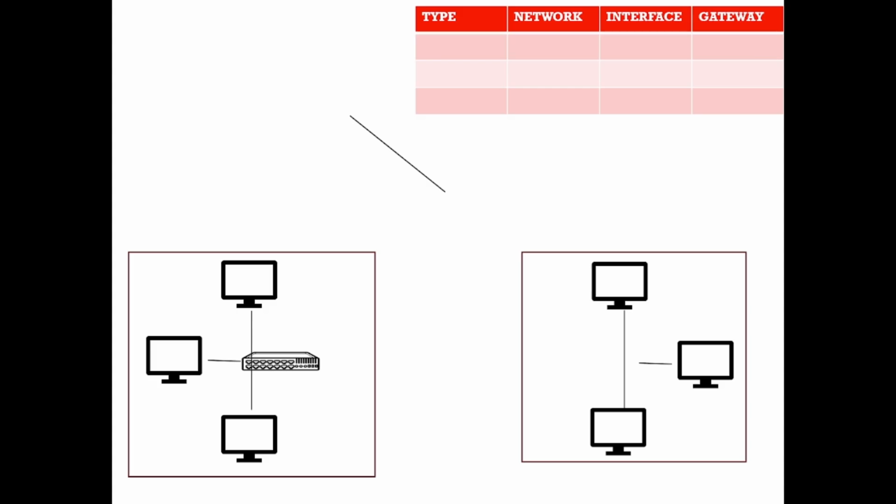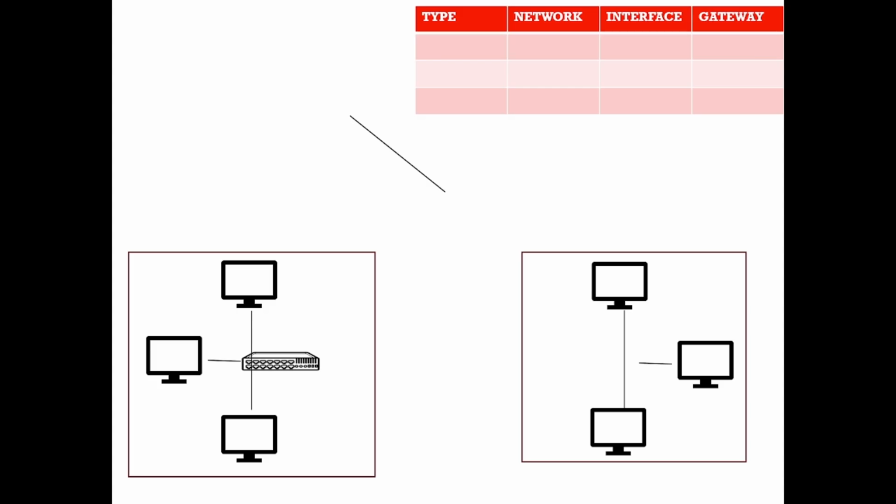Since they are on the same local area network, they don't need an IP address, because an IP address, like the name says, internet protocol, is only needed when there's communication over the internet. If they're on the same network, the MAC address is well enough for them to communicate.